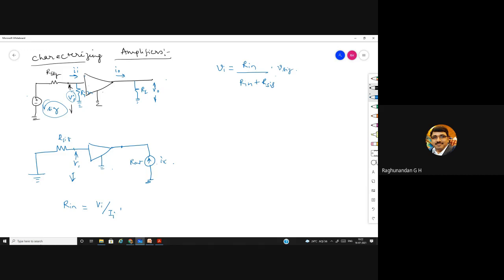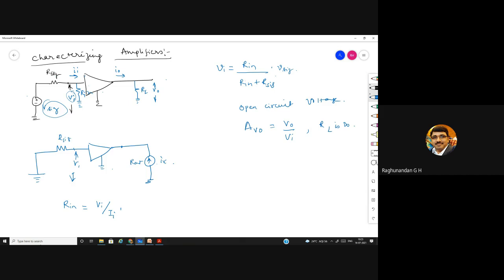Now, for the open circuit voltage, the open circuit voltage will be equal to Vo by Vi, where, as it is considered to be an open circuit, RL is infinity. RL will be equal to infinity.